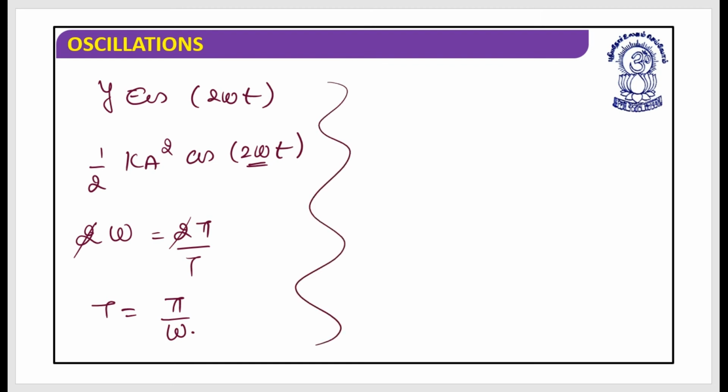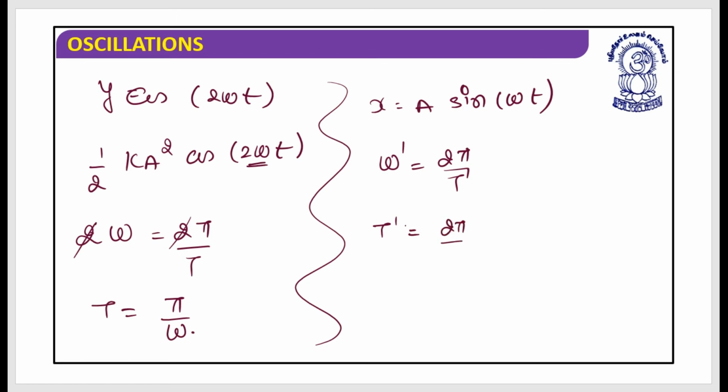When I compare this with x equals a sin omega t, the time period of this is, where omega is 2 pi by T, let's say omega dash. So this T dash should be equal to 2 pi by omega, and from this T dash is equal to 2T.